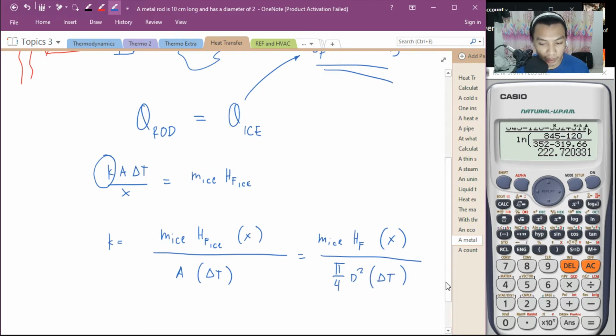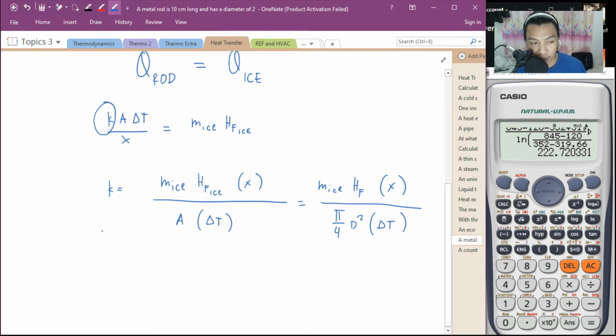So, we can now solve for the thermal conductivity. What is the unit of thermal conductivity? It is watt per meter degree Kelvin, not meter squared, since that would be the film coefficient. So, we can now solve for k.